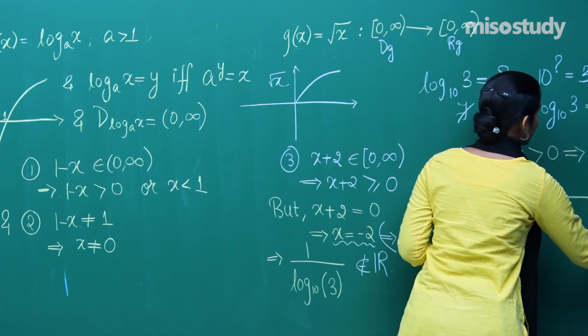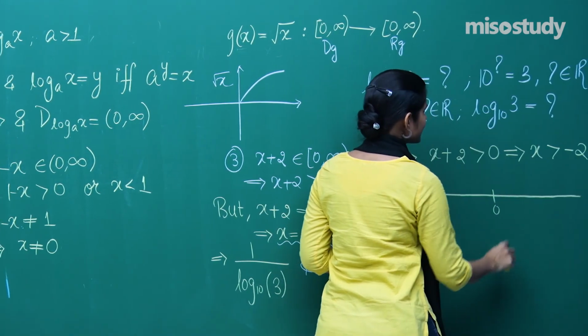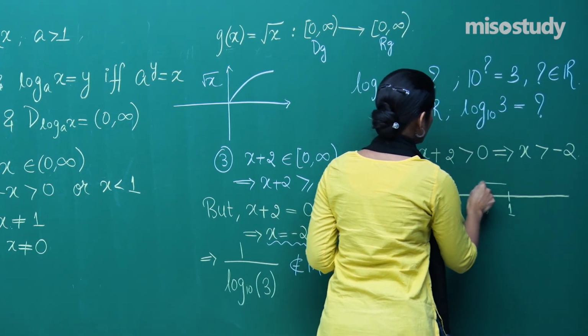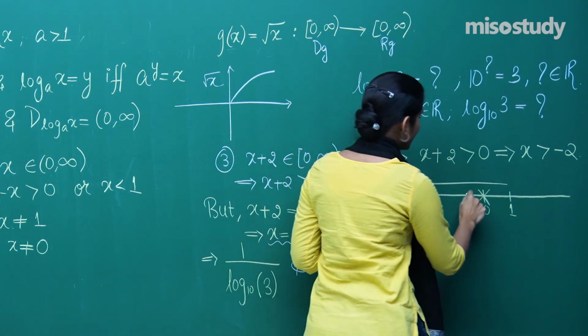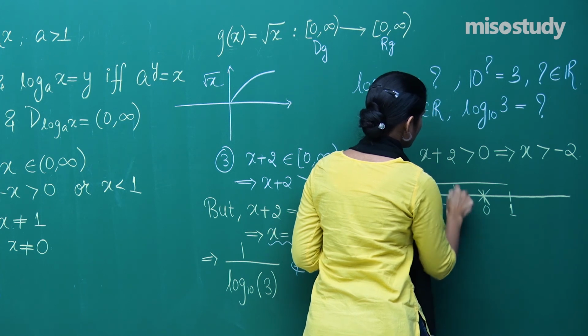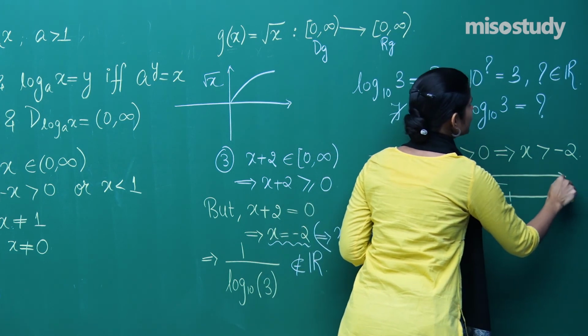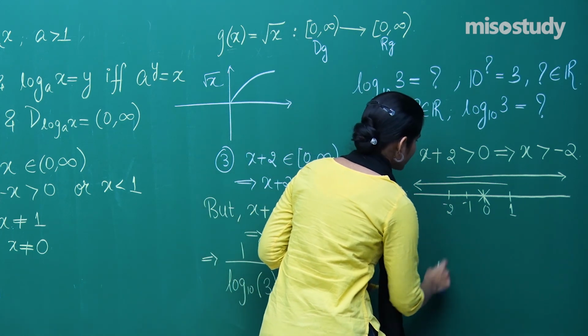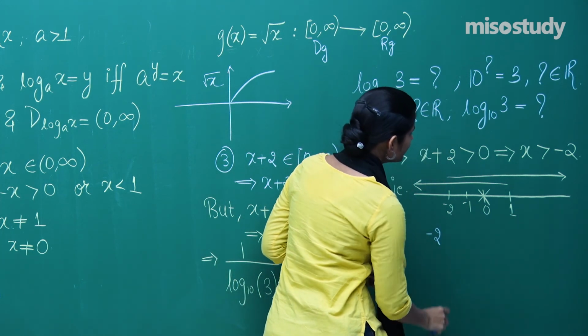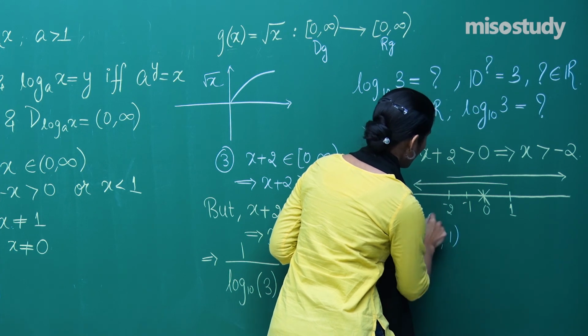If I try and plot on the number line, x has to be less than 1, not equal to 0 and greater than minus 2.